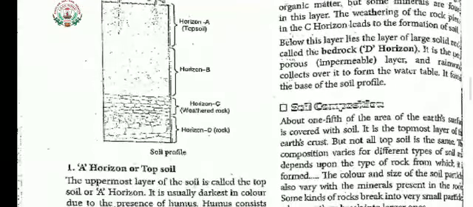So let us see about it. See the figure given here. In the figure, the top one, topsoil, is marked as horizon A. Just below the topsoil is horizon B, the subsoil.